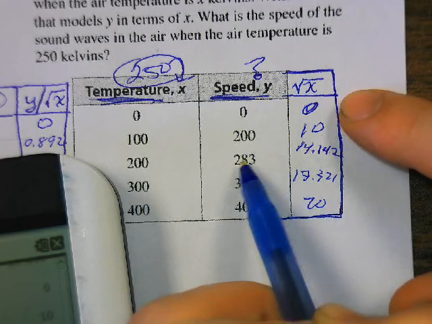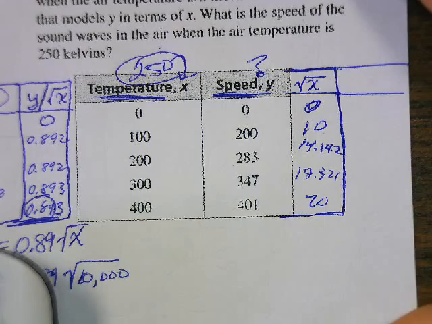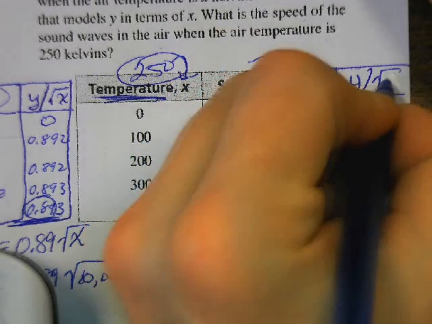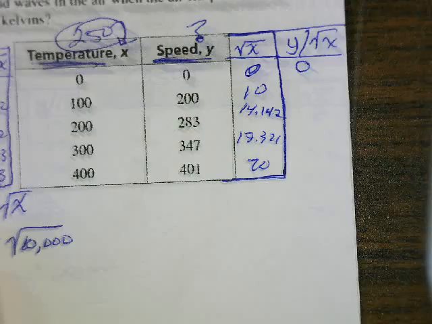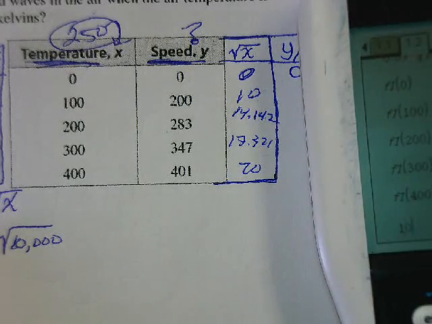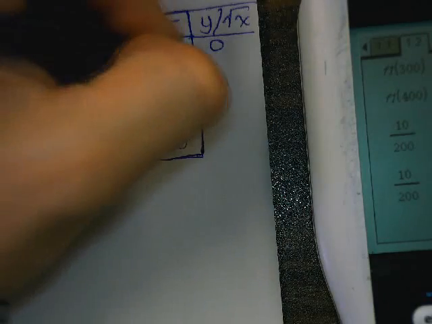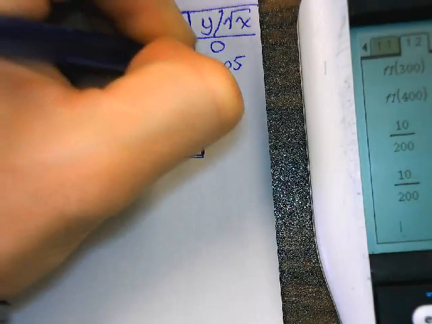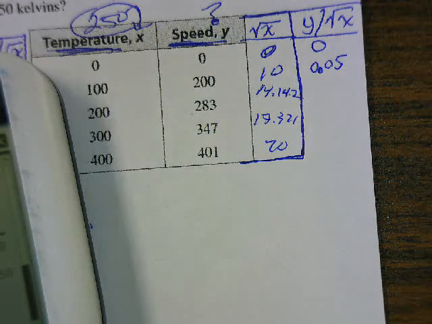This is y divided by the square root of x. Okay. 0 divided by 0 is just 0. We're going to take 10 divided by 200. And that gives us 0.05. We're going to try 283 divided by 14.142, and so on and so forth.